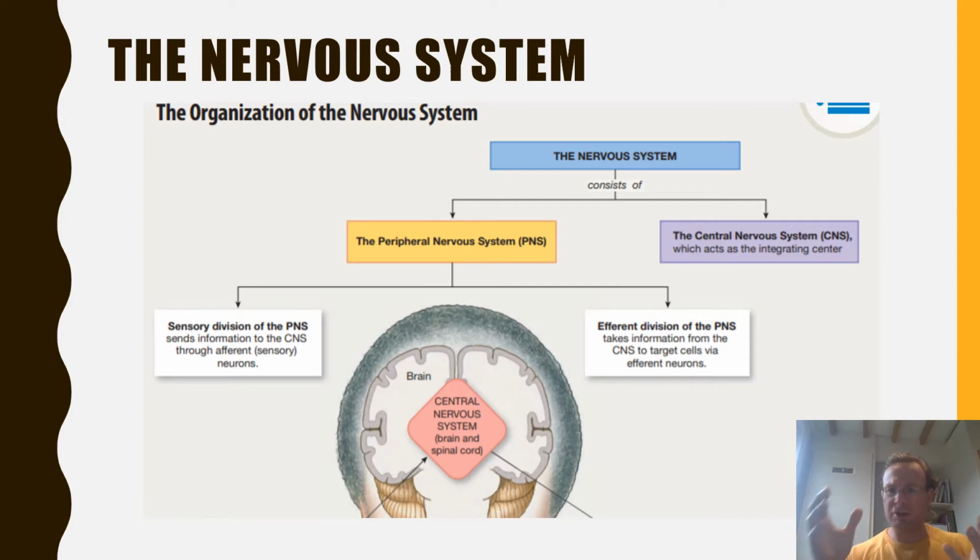Our nervous system is primarily governed by this central nervous system, but it needs to be able to communicate with the whole of the rest of the body, and it does this via the peripheral nervous system, and we'll talk about each one of those systems in a second.